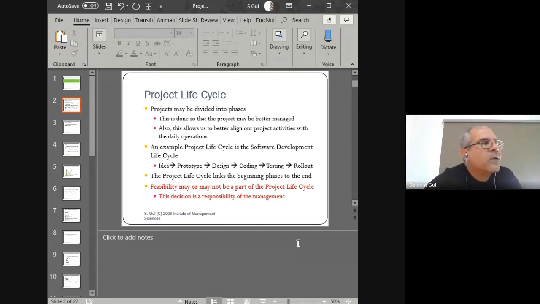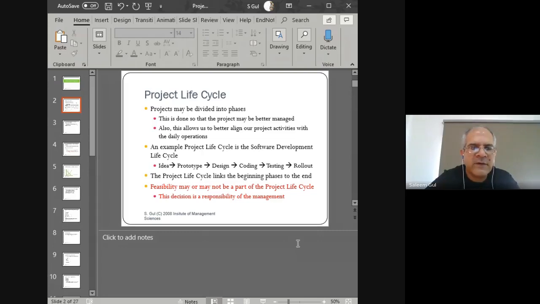If we want to customize this life cycle and think about a construction concept, then sure, we'll have ideas, then some requirements, then a blueprint drawing, then the construction of it, and then we'll make sure that the quality is correct and acceptable and all the requirements have been met, and finally we'll give the key to the customer and say, here's your constructed site.